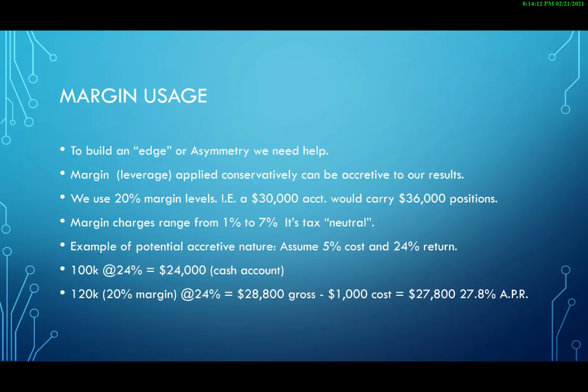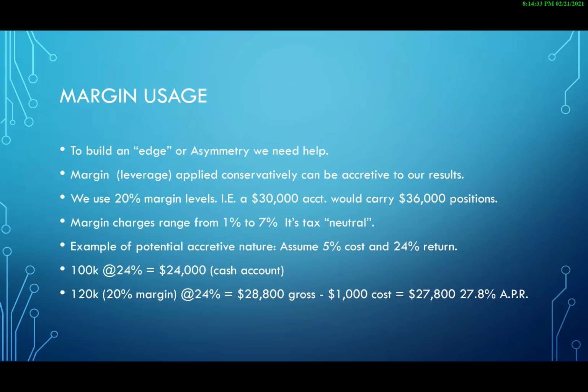Now, the example of a potential accretive nature. Let's make some assumptions here. Let's assume that we have an average cost of 5% for our margin, and we generate a return in a 1-year period of 24%. Let's further say that we have a $100,000 account.